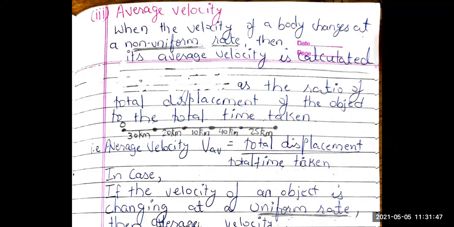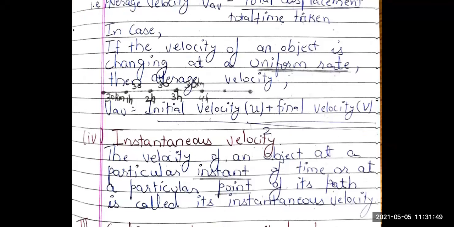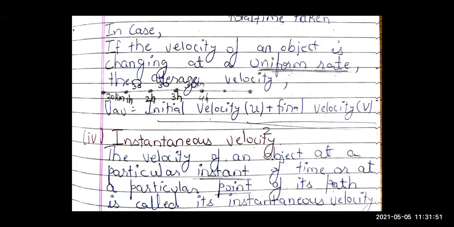Now children, if the velocity is changing by a uniform rate, it means your displacement is equal. In this case, the displacement in the first hour is 30 kilometers, in the second hour it is 30 kilometers again, in the third hour 30 kilometers again, and in the next hour again 30 kilometers. So the body is moving with equal displacement in equal time, that is, 1 hour.